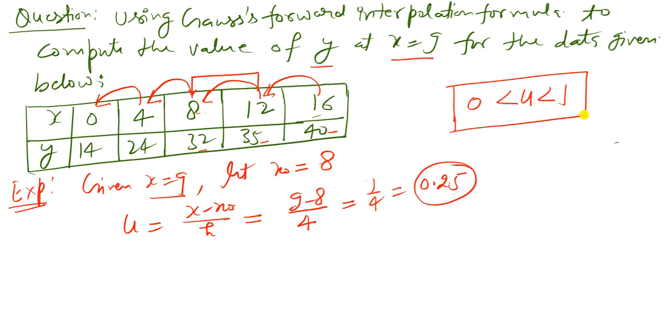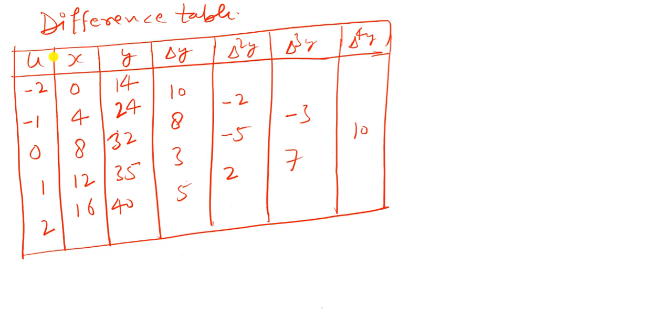Now when we apply the Gauss forward interpolation formula, first of all we construct the difference table. So in the difference table, the x arguments are 0, 4, 8, 12, 16, and the y values corresponding to the x arguments are 14, 24, 32, 35, 40.